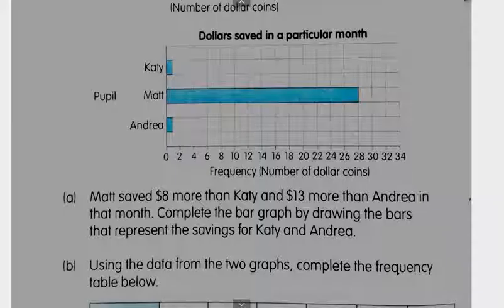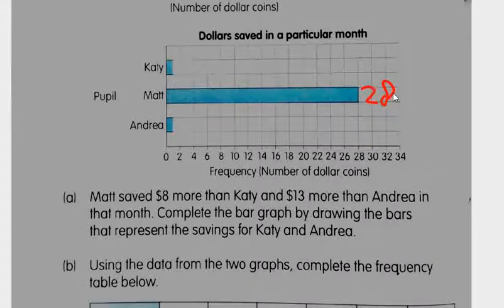Okay, Matt saved eight more than Katie. So let's count how many Matt saved. Okay, look at this one. It represents 28, and it is 8 more than Katie, so Katie is less than Matt.